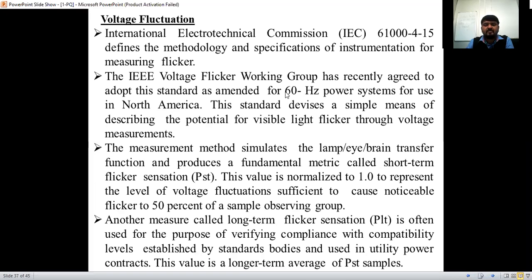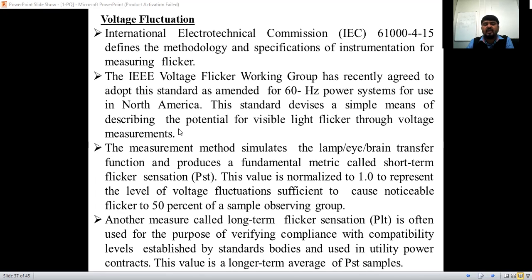According to the textbook, they have referred to North America only. This standard devises a simple means of describing the potential for visible light flicker through a voltage measurement. Now we can measure the light flicker through a voltage measurement.